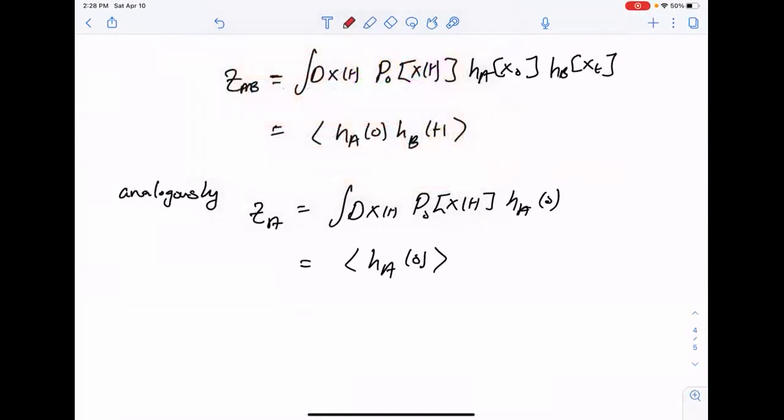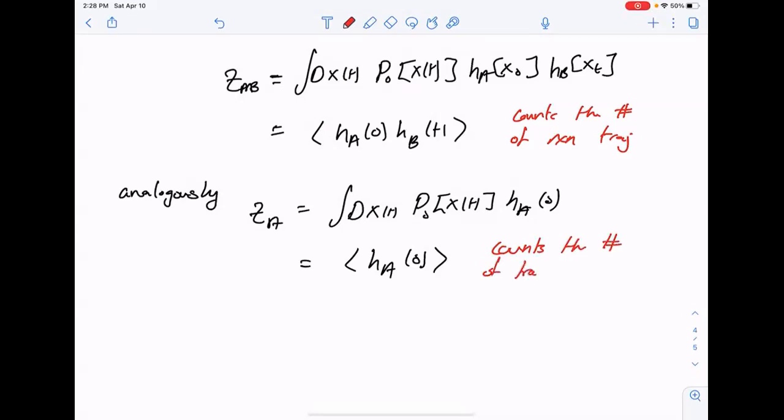So while Z_AB counts the number of reactive trajectories, Z_A counts the number of trajectories that start in A.